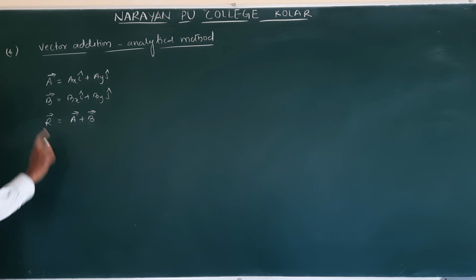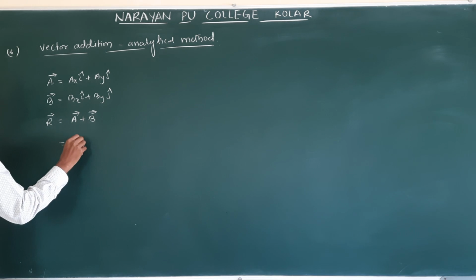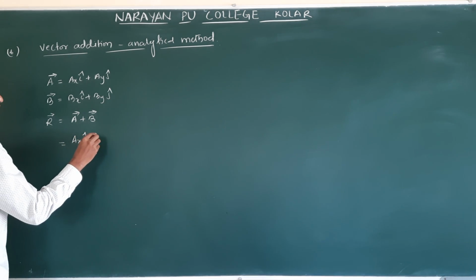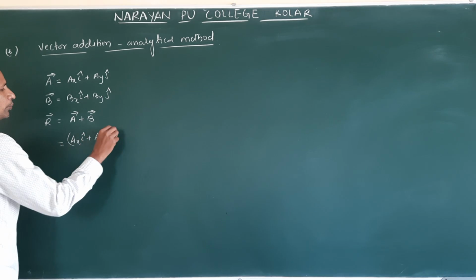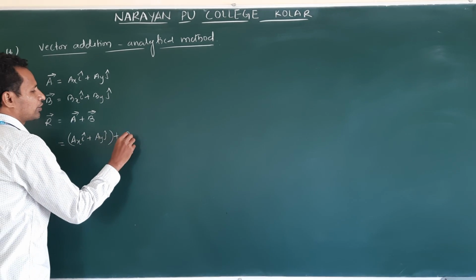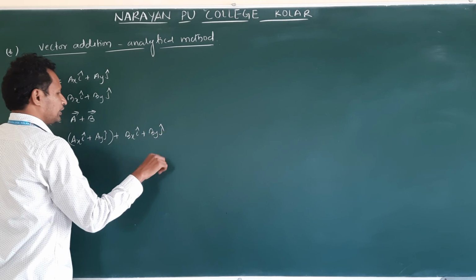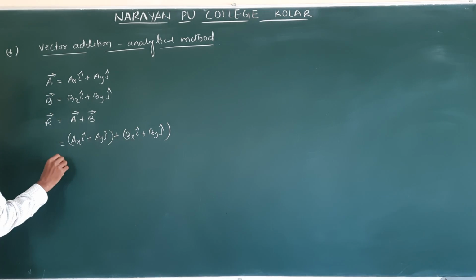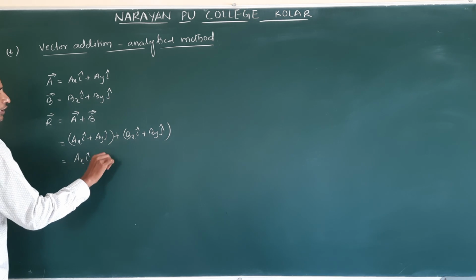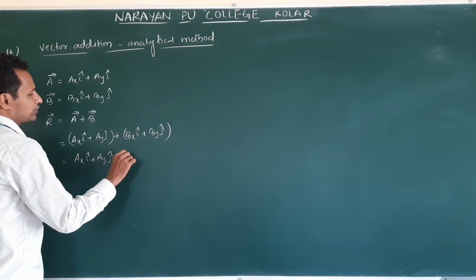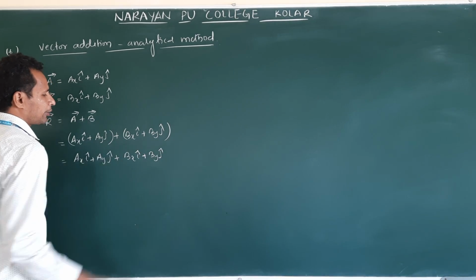That we are representing with R. Now substitute these values here. Ax i cap plus Ay j cap plus what is B vector? Bx i cap plus By j cap. Remove the brackets: Ax i cap plus Ay j cap plus Bx i cap plus By j cap.